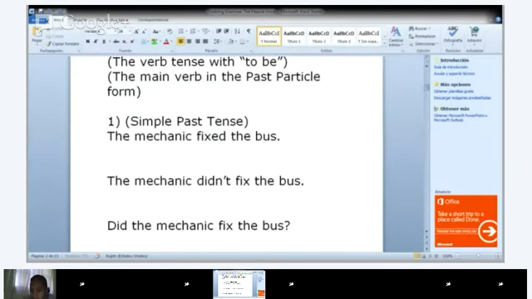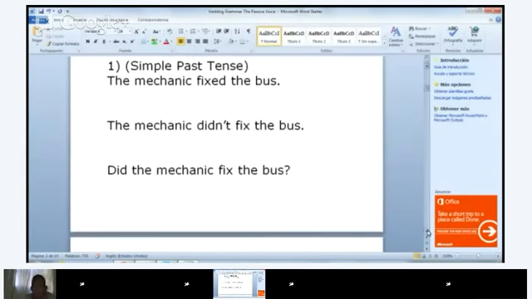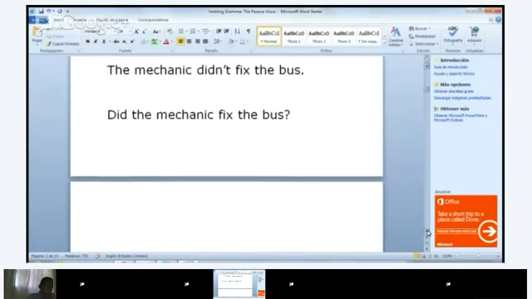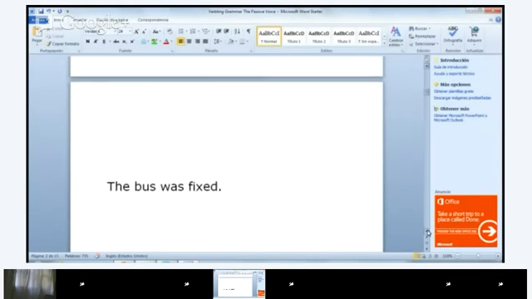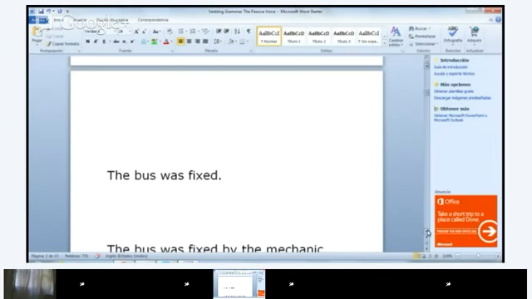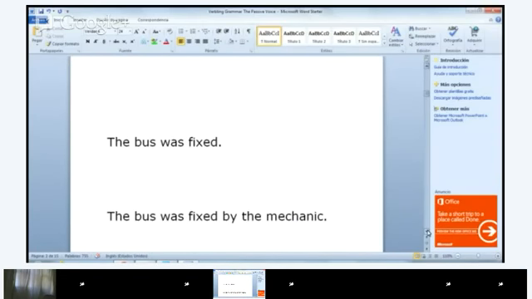Okay, simple past tense, and you have the two options in English. You have the active, and you have number one, the bus was fixed. Hooray! We know it was fixed by the mechanic, but that was excellent to add that in. The bus was fixed by the mechanic.